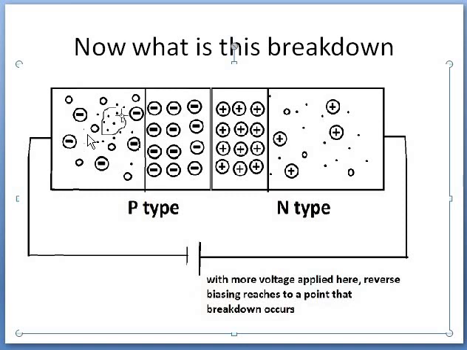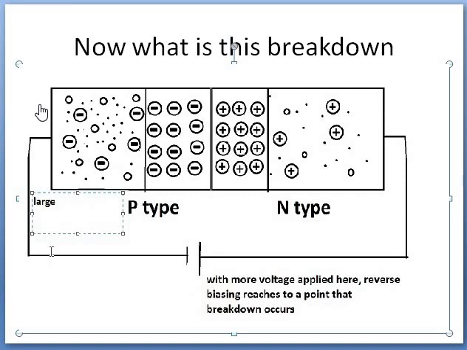Now more free electrons are ready to strike out another covalent bond, another atom. They are combined together, they start vibrating, they start striking, and so this procedure keeps on multiplying.